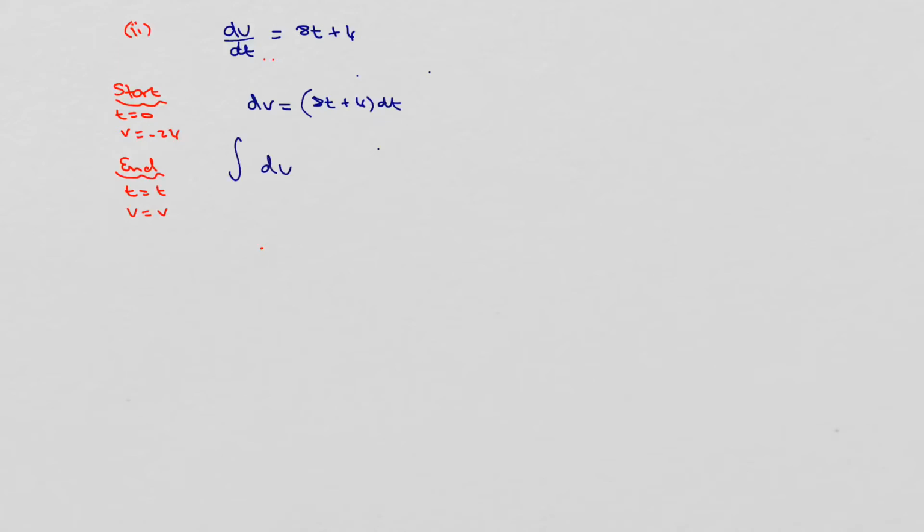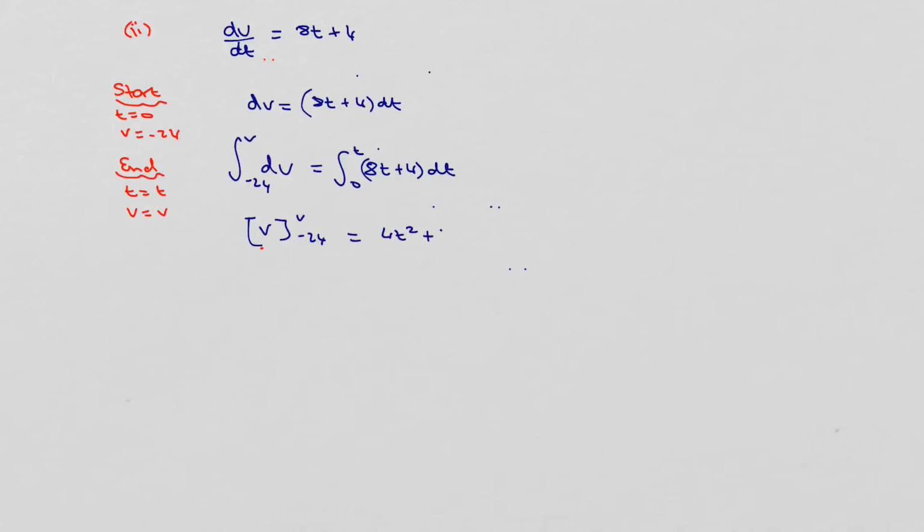In other words, if I integrate both sides, my upper limit is t and v. My lower limit is 0 and minus 24. So if I integrate, I'll have v with the limits of v and minus 24 is equal to 8t squared over 2, which we saw was 4t squared.